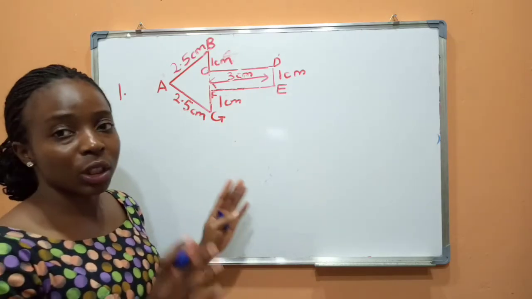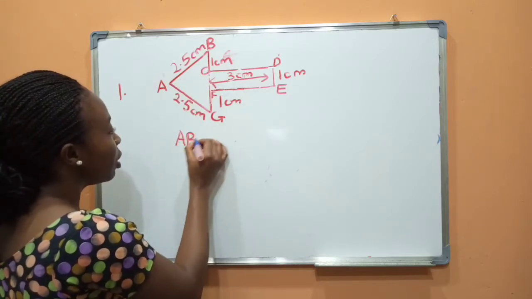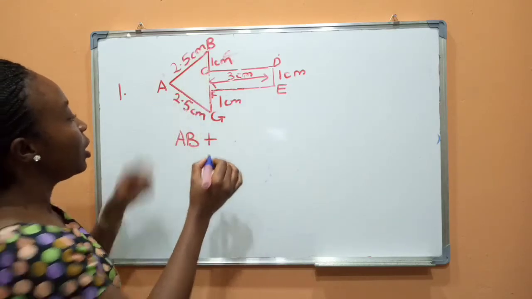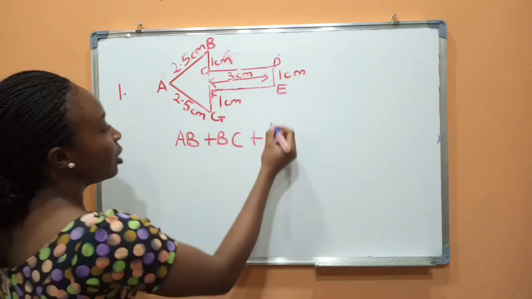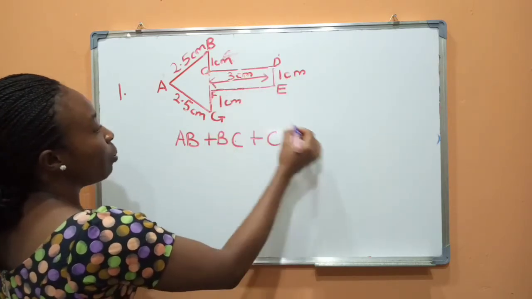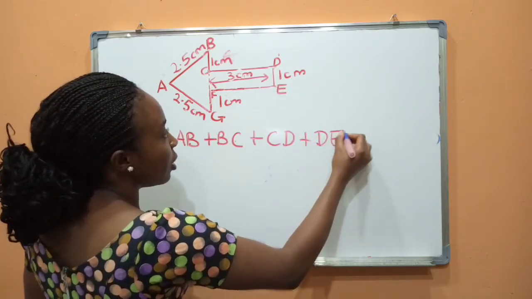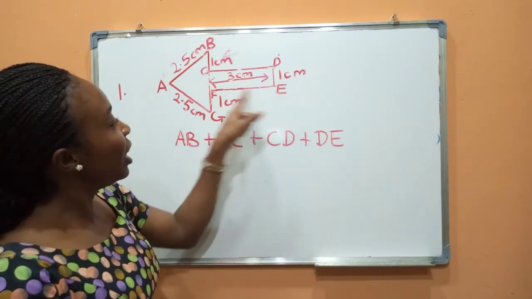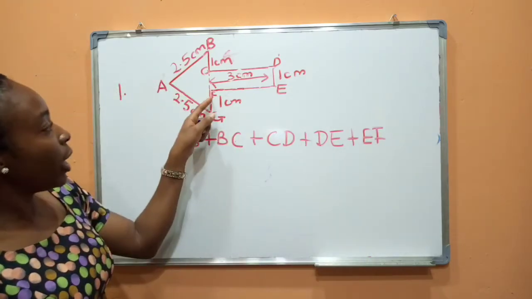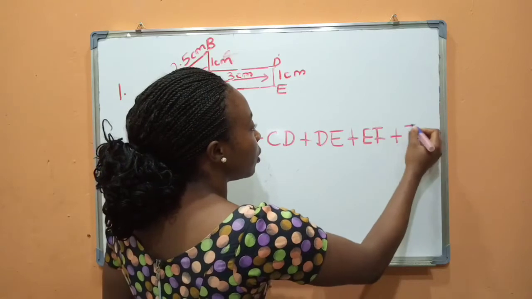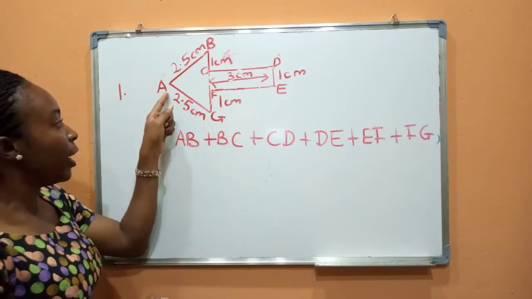So now that we have done this, here's what we are going to do. We are going to have AB plus BC plus CD plus DE plus EF plus FG, then plus GA, all right?